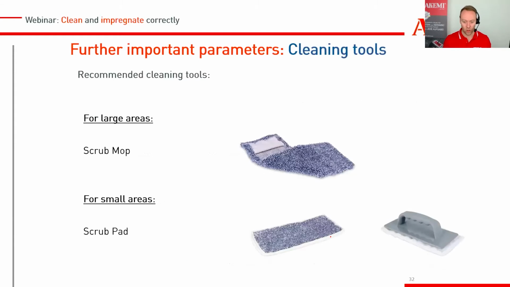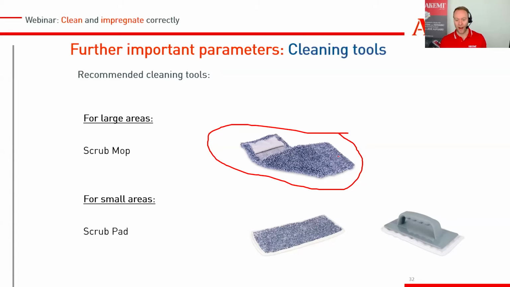Now, what are these tools? We recommend for large areas one is this single disc machine, 17-inch single disc machine with some scrub pads. They are usually good. Also some scrub brushes on a stick or so. What we also have in our program, which is very effective, is a scrub mop. This is a microfiber mop.